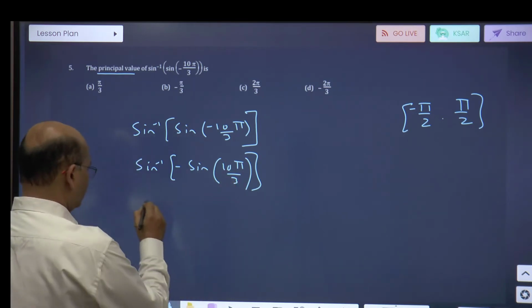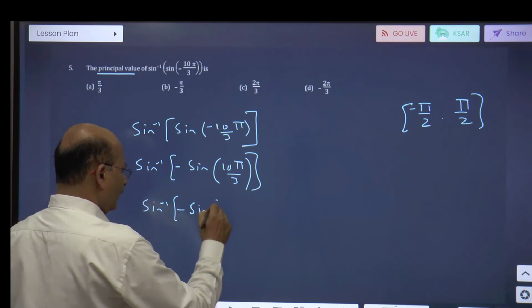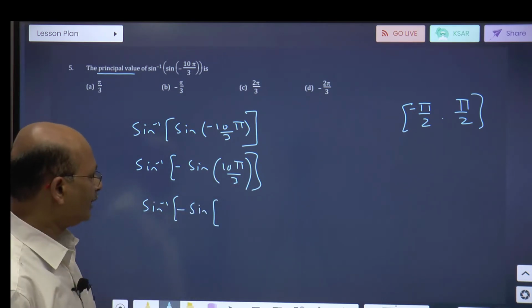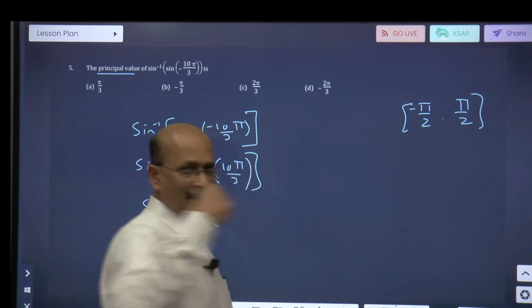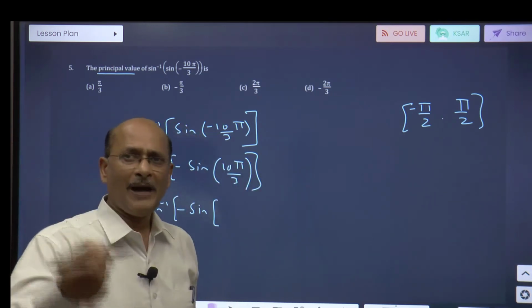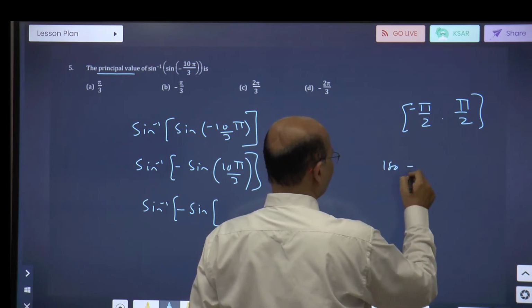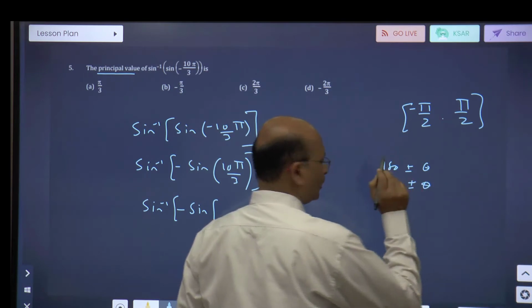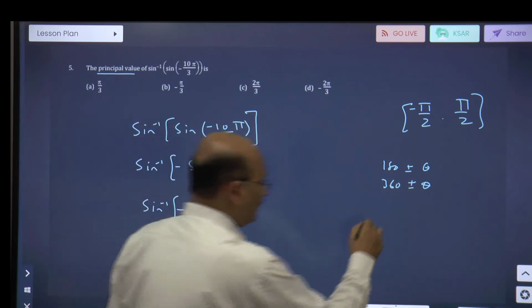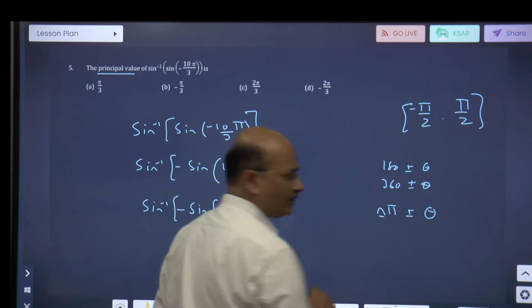So sine inverse minus sine, keep it as it is. Remember, we have done in class 11, sine of 180 plus or minus theta, then 360 plus or minus theta, the ratio remains the same. Then n pi plus or minus theta, you ignore the n, correct or not?